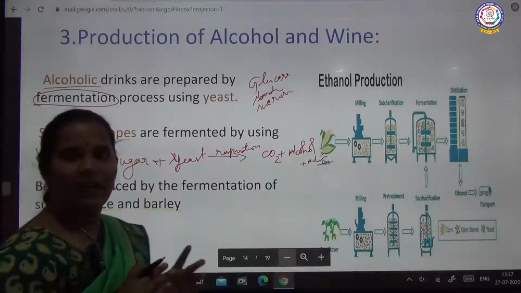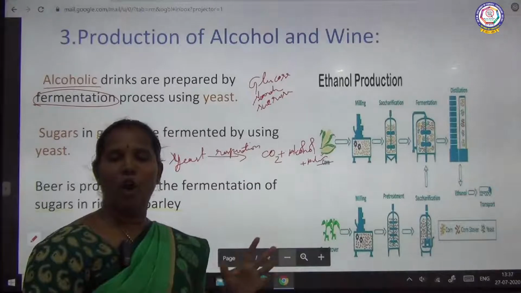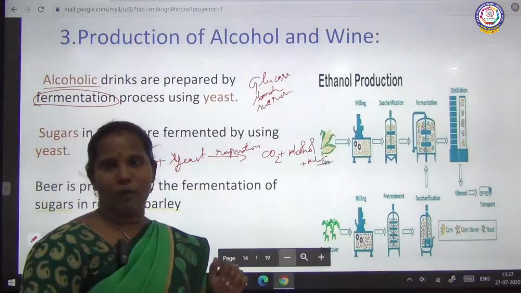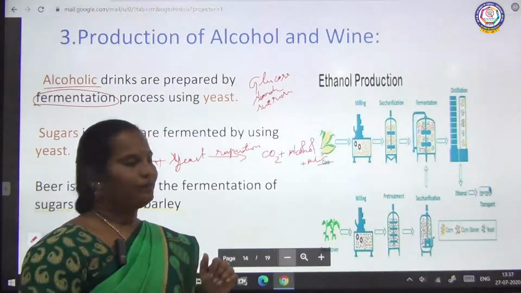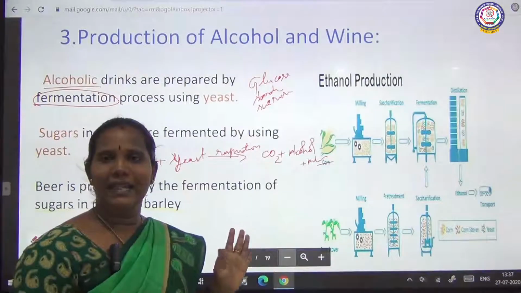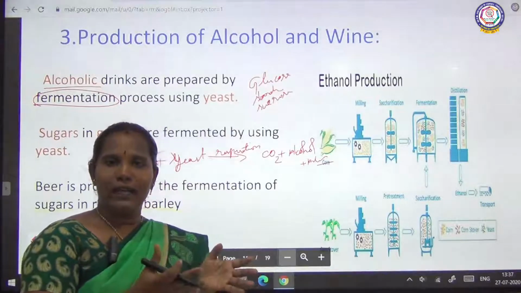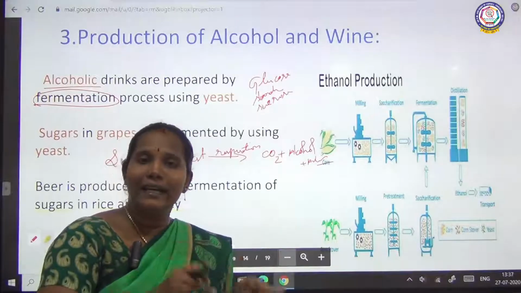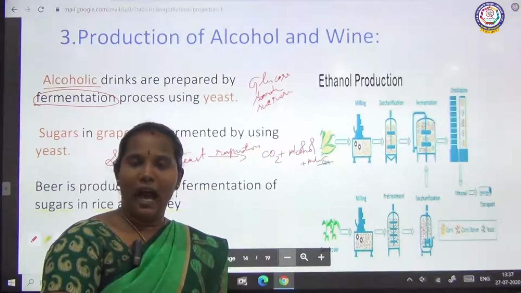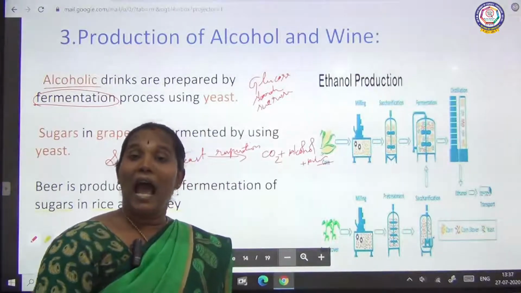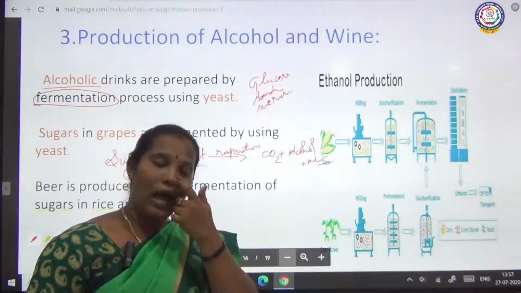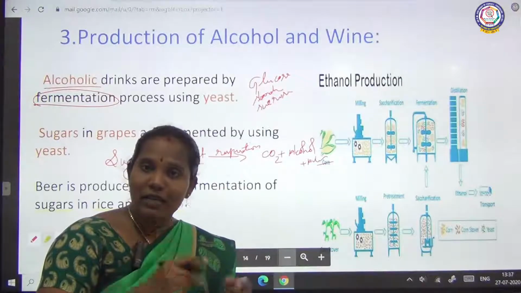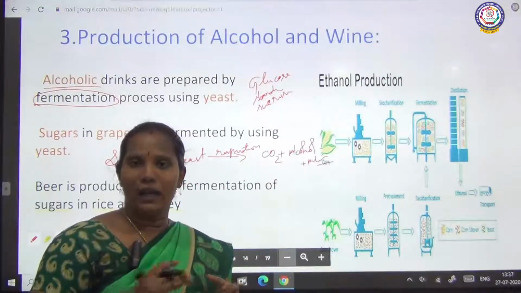We know very well rice and barley are also carbohydrate content, and carbohydrate means sugar. After cooking the rice and barley, they dig a hole and hide it in the soil. After some days, some months also, they dig it out from the soil, and this rice will be converted into alcohol. Isn't it?